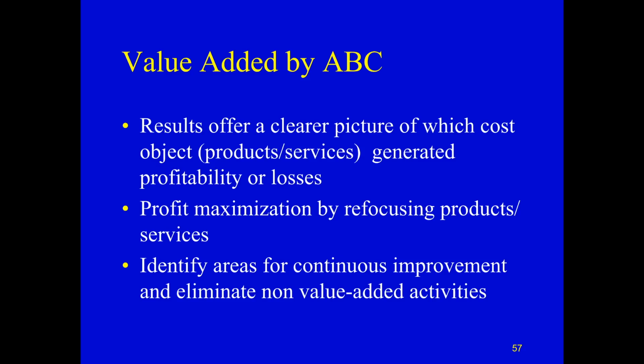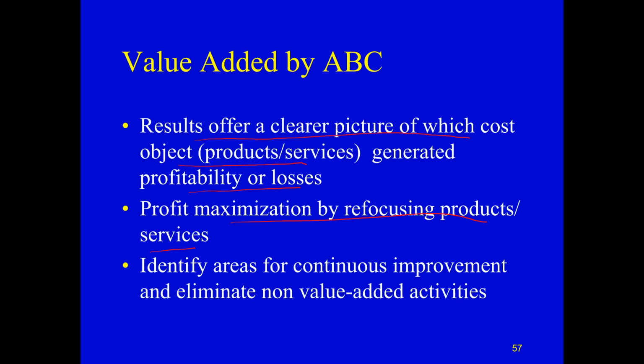Now, what is the benefit of activity-based costing? Its results offer a clearer picture of which cost object, product or service, generates profitability or losses. We can easily see from there. Profit maximization by refocusing products or services, by exactly knowing the cost of a product.